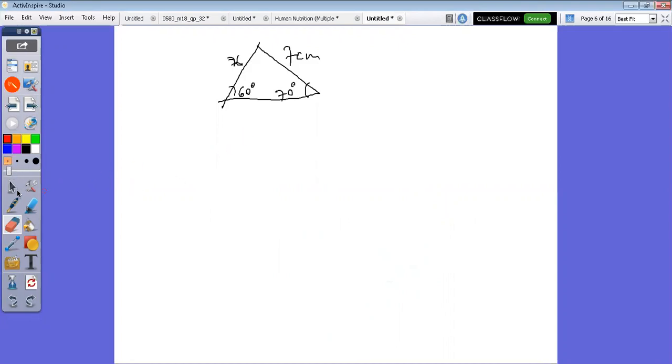So if now we're doing the side first, I would say 7 divided by, what is the side opposite? Sine what? 60. Is equal to, again, because I started with the side, I have to start with the side, x over sine 70.